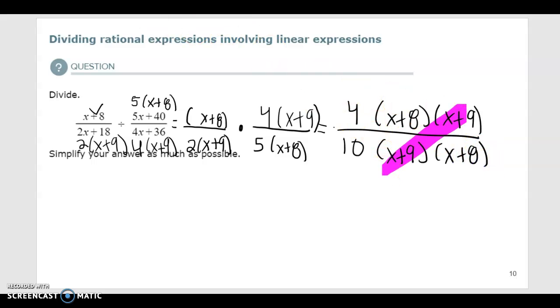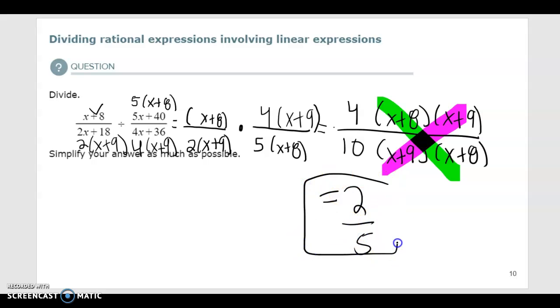These two divide to 1. Those two divide to 1. And my 4/8, both of those can be divided by 2, and I end up with 5/5.